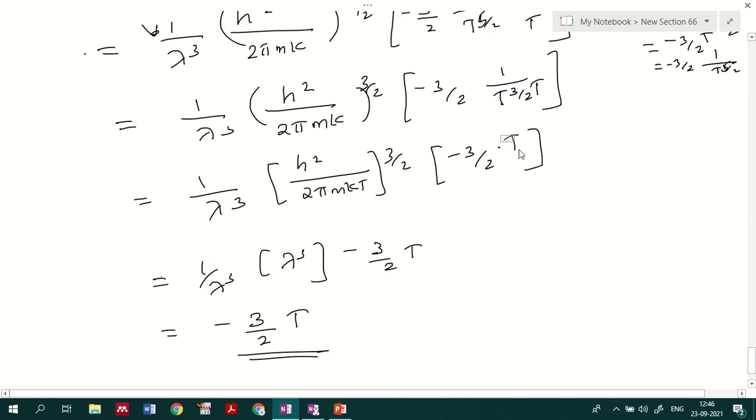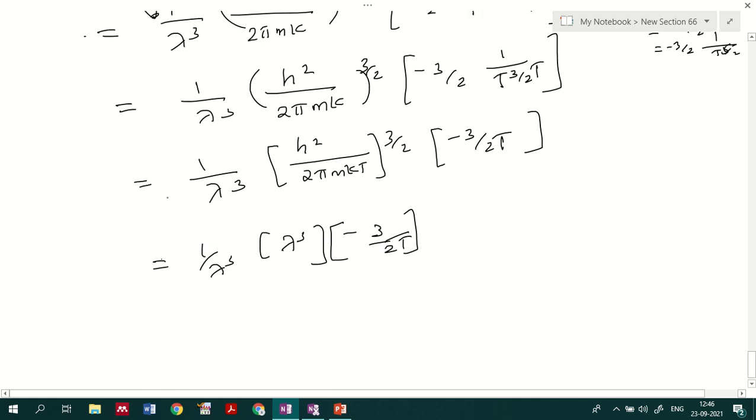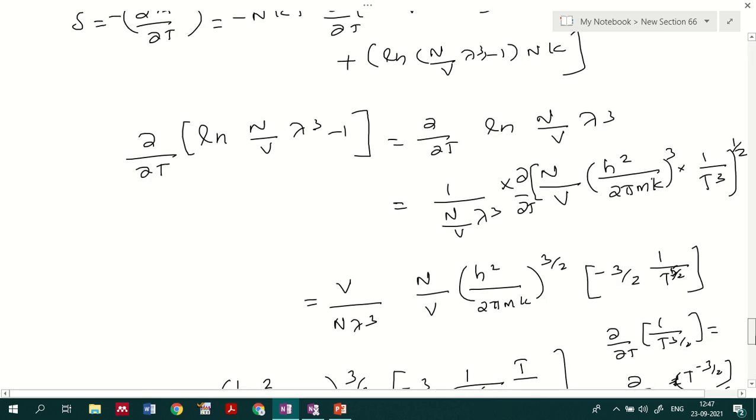So what you're gonna get is that the t will be in the denominator side, and here also this is not minus into t, 3 by 2 t, and this entire equation becomes, the corresponding solution for tau by dot t of that representation, that is minus 3 by 2 t. So this is how it will come. So the entire correction came from here itself.